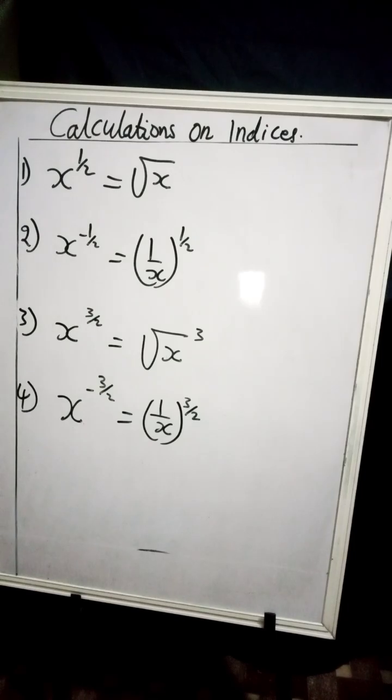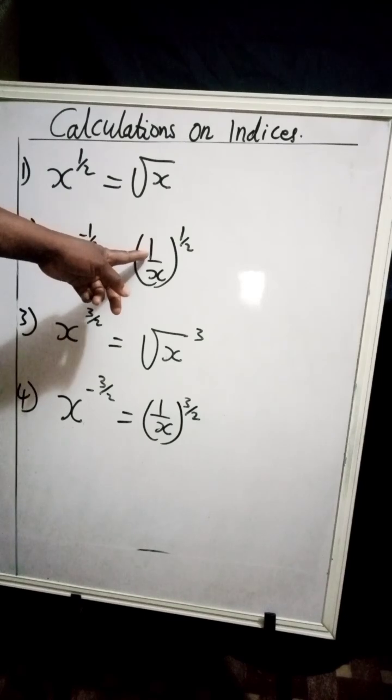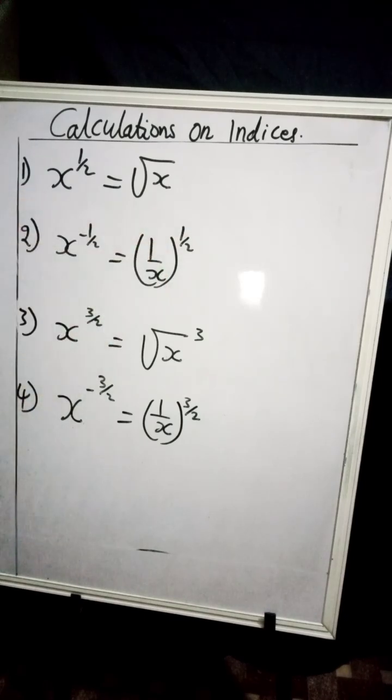In this video, we are going to be applying all the rules of the indices that we have learned in solving problems. But remember that when we have x to power half, it is the same thing as root x. When we have x to power minus half, that is negative half, it's the same thing as 1 over x to power half.